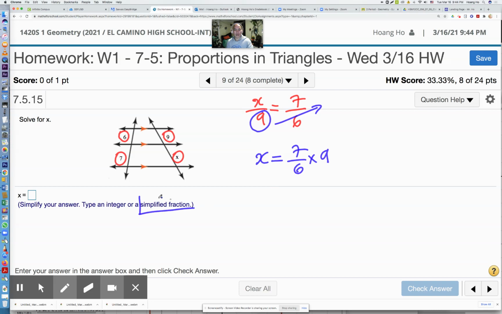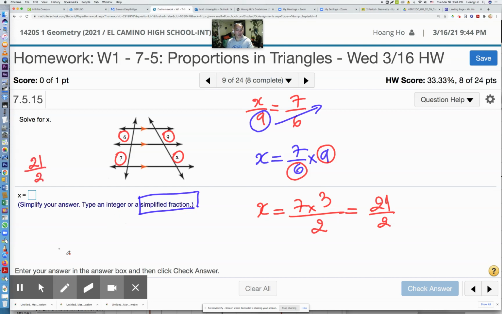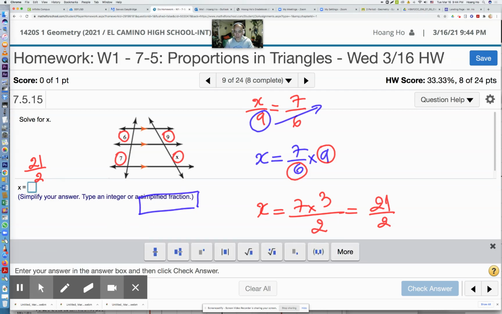They want the answer as simplified fractions. So let's simplify it. 6 and 9 I simplify by 3. So I got 3 over 2. Okay. So the answer is 21 over 2. I would not put 10.5 because they said simplified fractions. So give them exactly what they want.